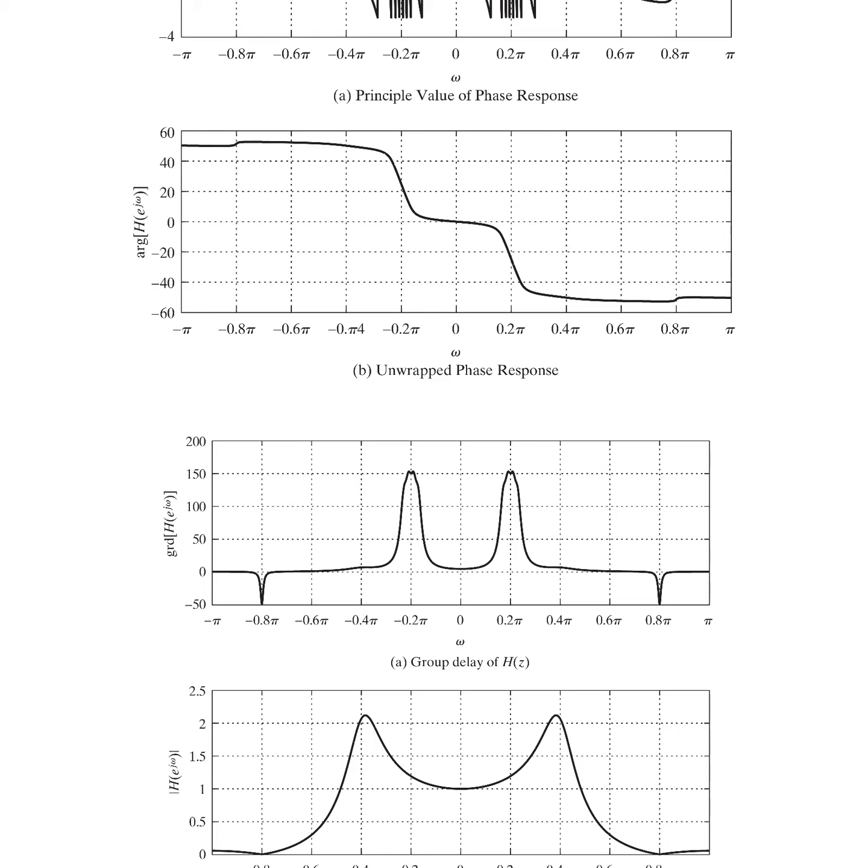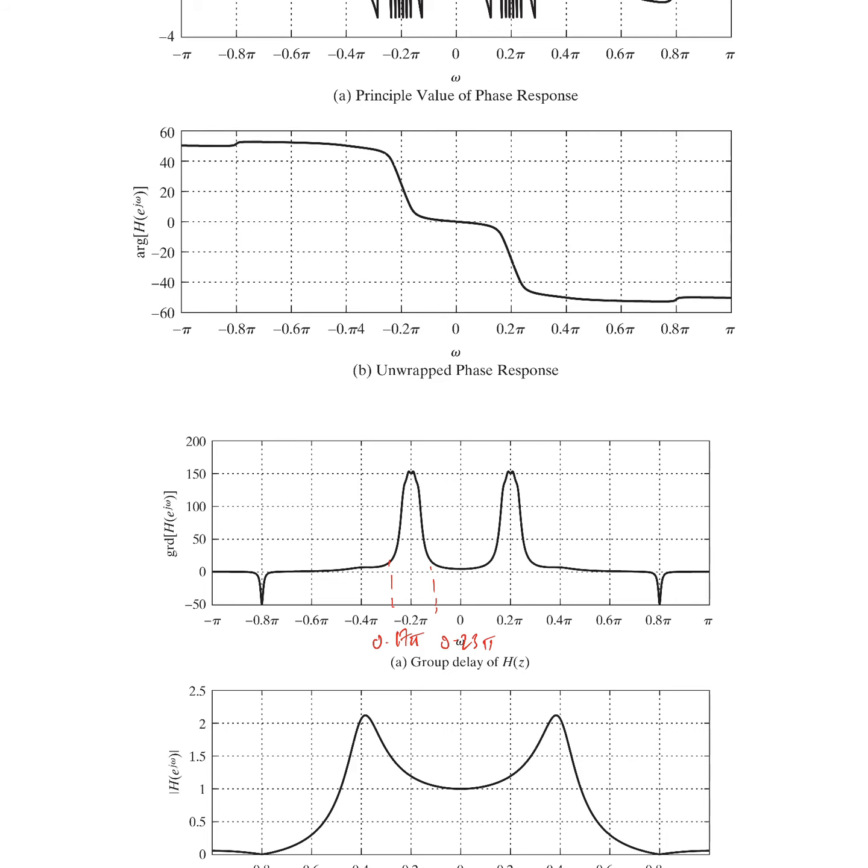Also notice that the group delay has a large positive peak in the bands of frequencies around something like 0.17 pi, and here something like 0.23 pi.